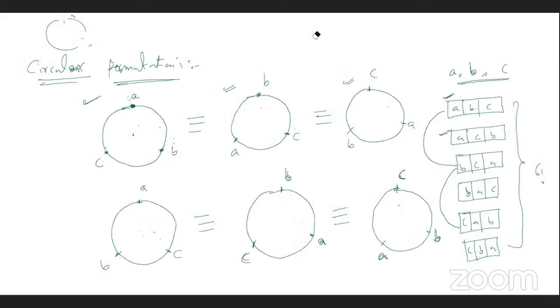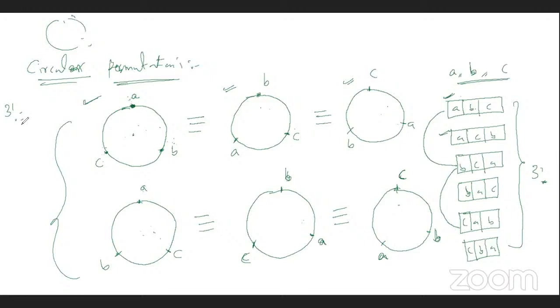So finally, how many circular permutations are there? 2, sir. 2 circular permutations are there. Is it right? Yes, sir. So what about the total linear permutations? 3 factorial, sorry, 3 factorial, 6. So total linear permutations are 3 factorial.